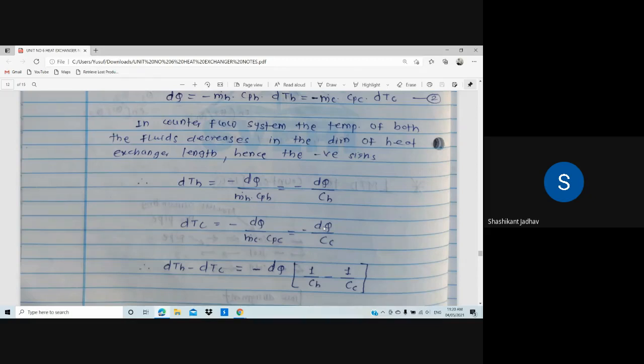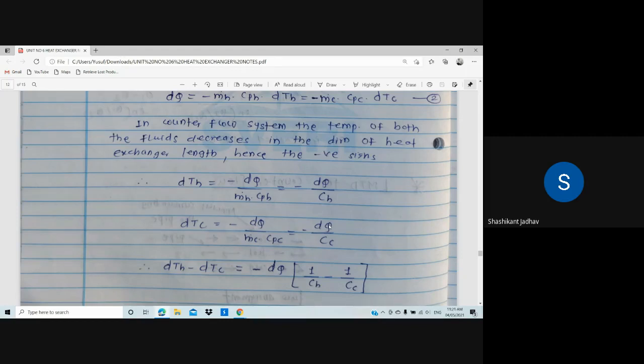So write down: dTh is equal to minus dQ divided by m dot h into cph, which is equal to minus dQ divided by Ch.